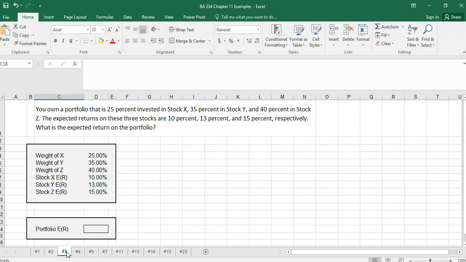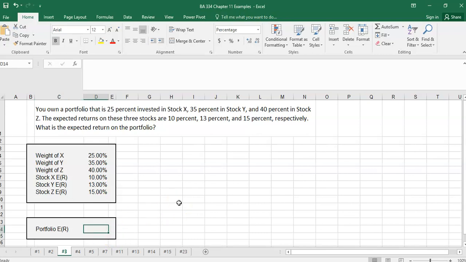This next example, our portfolio is extended out to 3 stocks, and we're given the weight and the expected return. So as you can imagine from our last example, to calculate the expected return on the portfolio, we need to take the weight of each stock times the expected return of each stock and add them together.